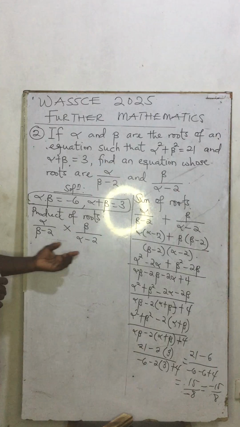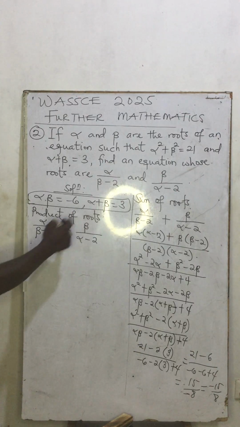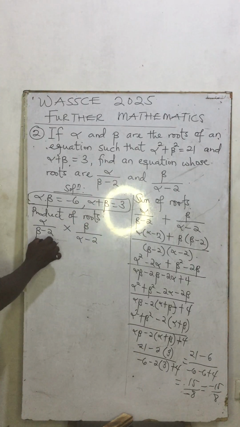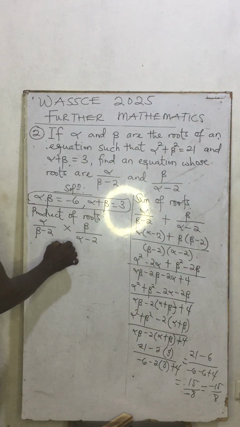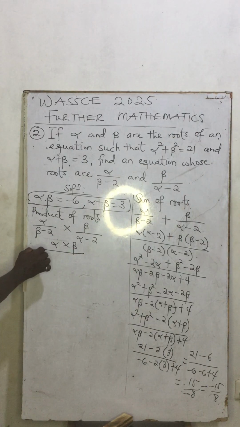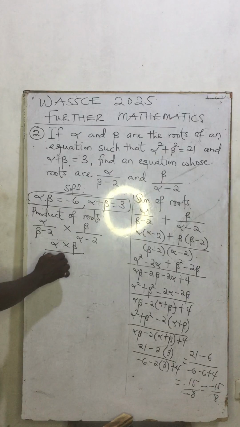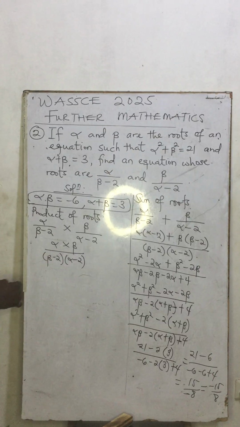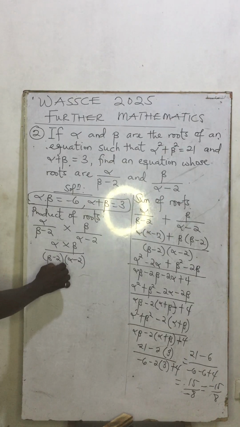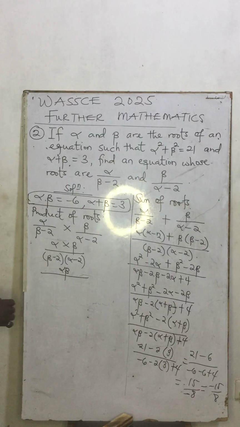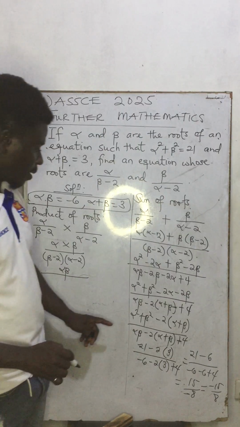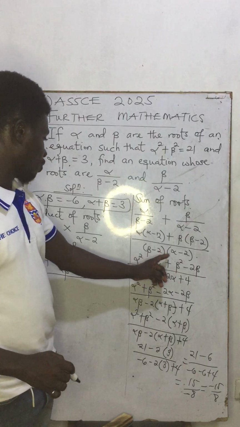So now this one becomes multiplication of fractions. So we multiply numerators, we multiply denominators: alpha times beta all over beta minus 2 times alpha minus 2. Now we have alpha beta all over, when we multiply this, that's beta minus 2, alpha minus 2.